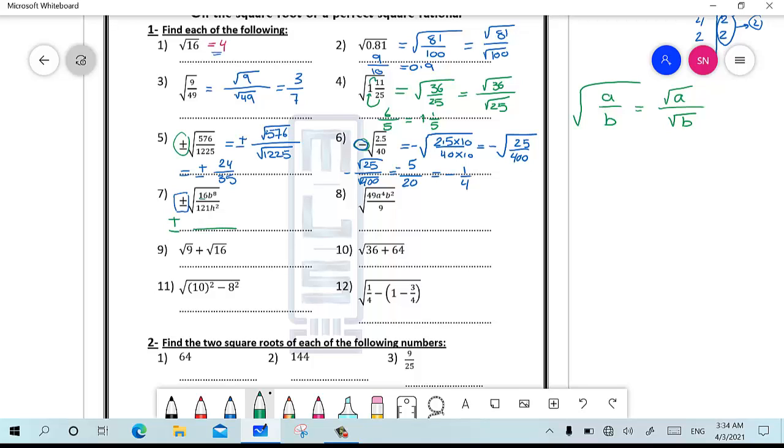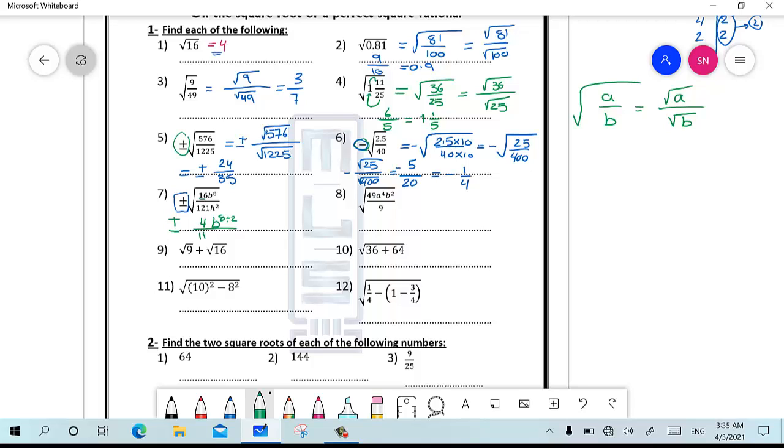Square root of 16 is 4, 4 times 4 is 16. Square root of b to the power of 8, we said that when I have a variable under the square root, I just divide the power by 2. So it is b to the power of 8 divided by 2. The square root of 121 is equal to 11.